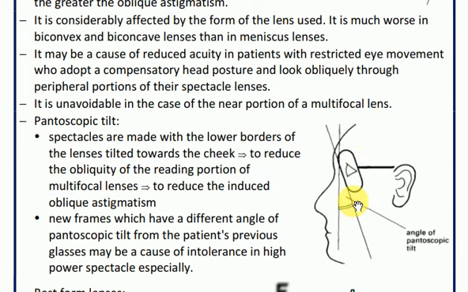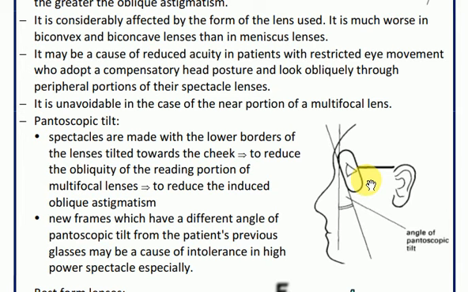This also slightly reduces the obliquity of the reading portion of the multifocal lens. However, it may be a cause of intolerance in high-power spectacle wearers if new frames are dispensed which have a different angle of pantoscopic tilt from the patient's previous glasses.